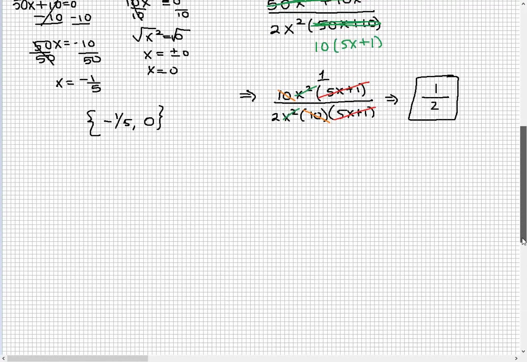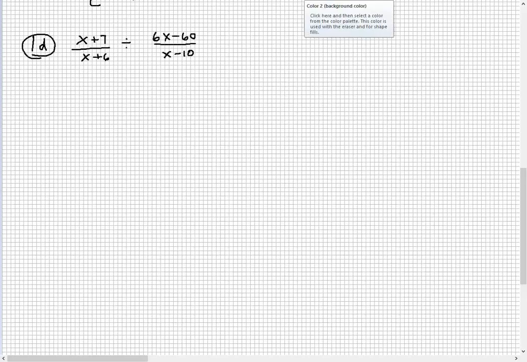All right, the next one, 1D. All right, this one is a division problem. So when you get the excluded values, they come from both denominators as well as from the numerator. So your excluded values are going to be a -6, a +10, and something from here.